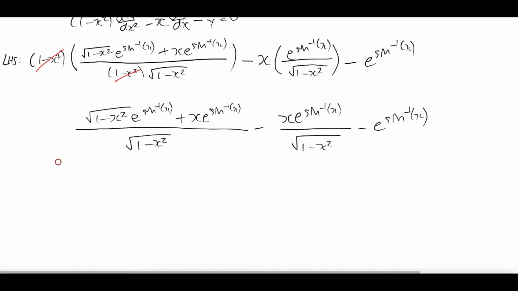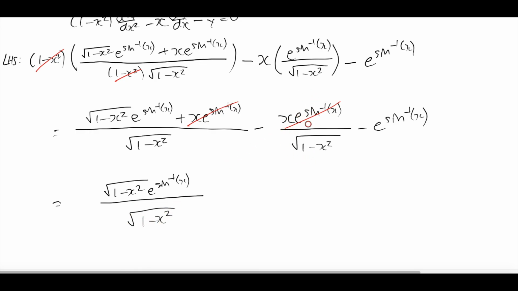Now, okay, so these first two fractions have the same common denominator, so you can add and subtract normally. And what you can see is that's a plus x e^(sin inverse of x), and that's a negative x e^(sin inverse of x), so they cancel out. And what you're left with is square root 1 minus x squared e^(sin inverse of x), divided by the square root of 1 minus x squared, okay?